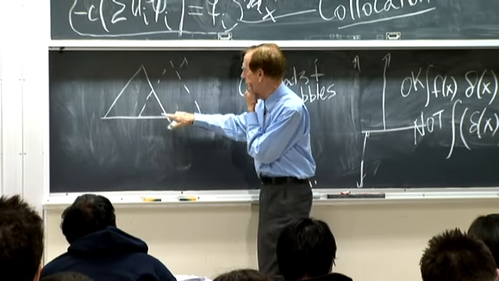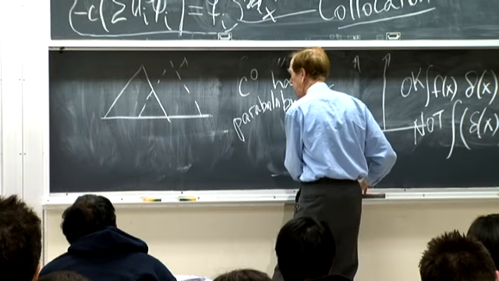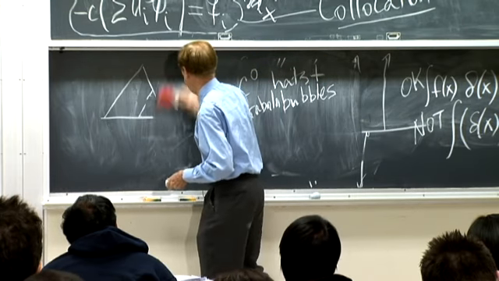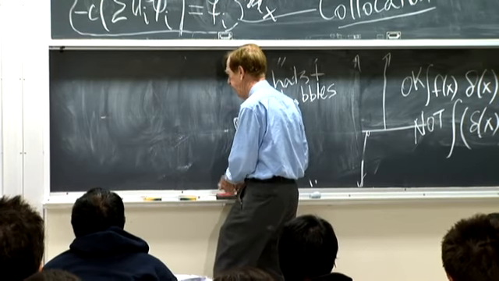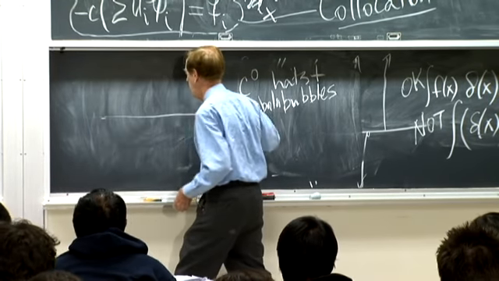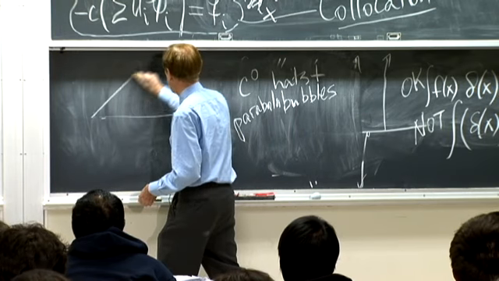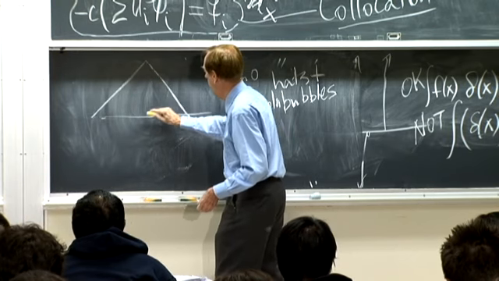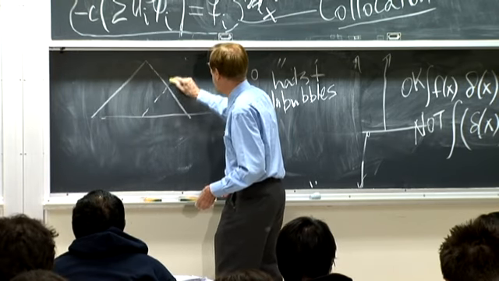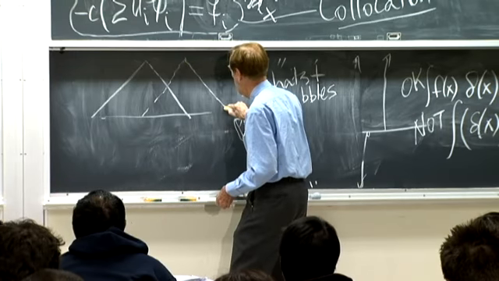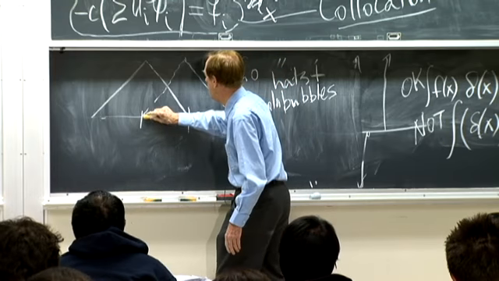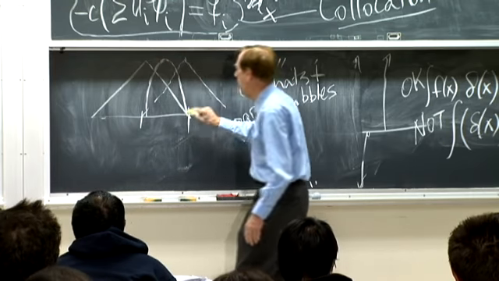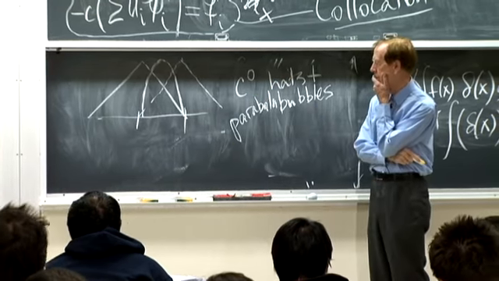Between two mesh points, I better leave myself more space for that bubble. Okay, so one of these guys goes up, down. Another hat goes up and down. And then between two, I threw in a bubble function like so, right?